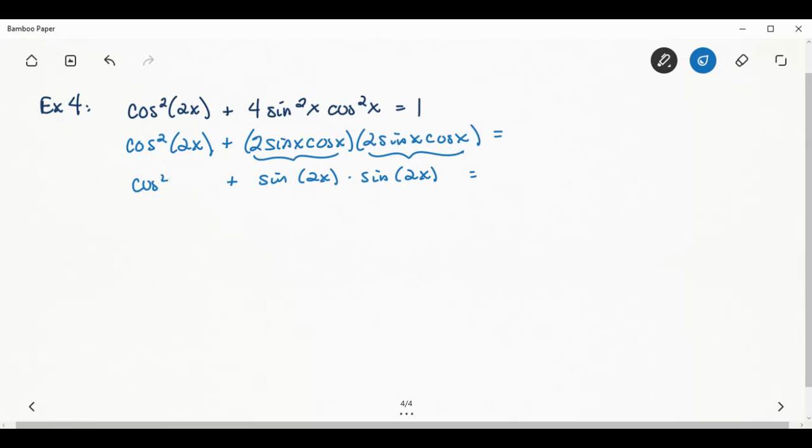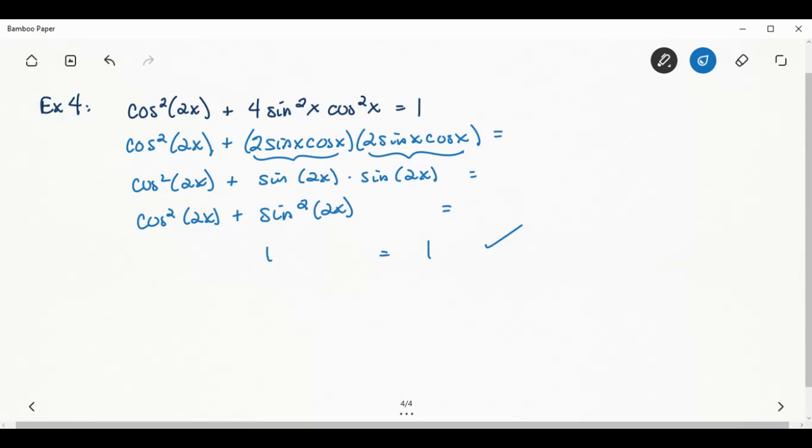And we're going to leave cosine squared of 2x. These now multiply sine of a double angle times another sine of that double angle, which becomes sine squared of that double angle. And we have cosine squared of that double angle. And here's our identity, where the square of a cosine of a particular angle plus sine squared of that same angle is equal to 1. So 1 now equals 1, and we're done.